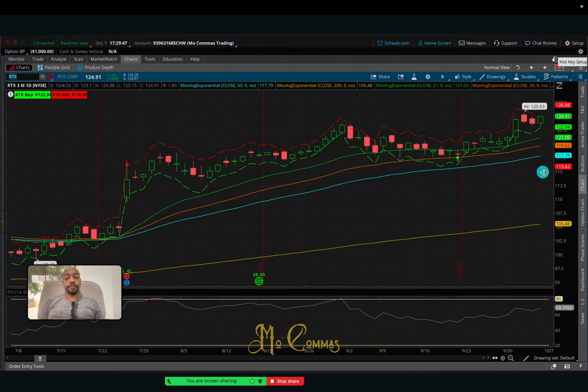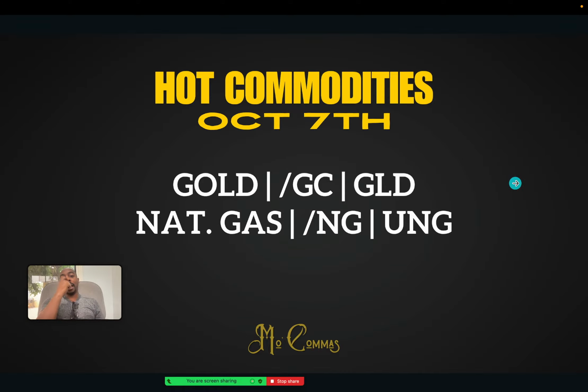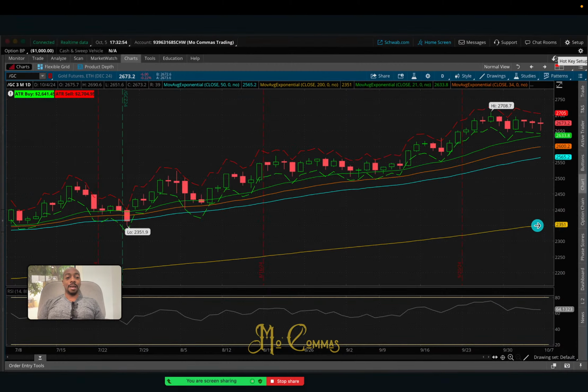Raytheon looks really good. So commodities, here are two specific commodities that I've been looking at. I'm currently in a natural gas trade right now. Gold, I've been looking at gold for the last month or so because it's continuing to break highs and have new all-time highs.